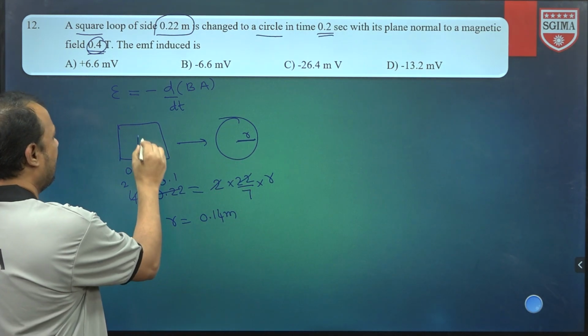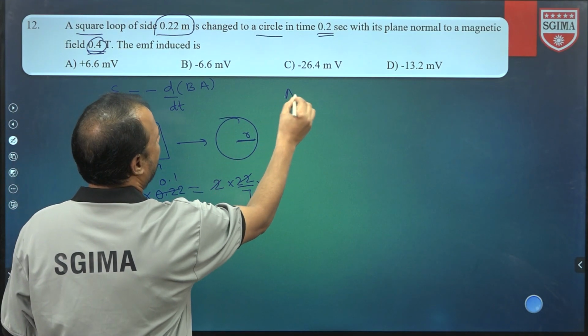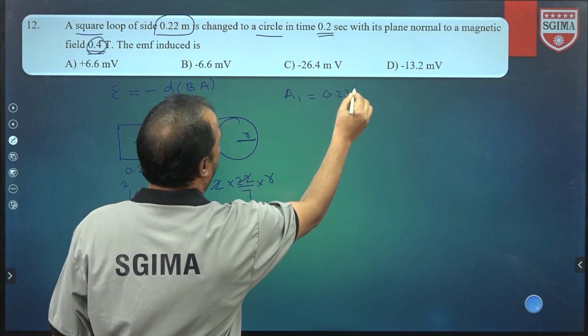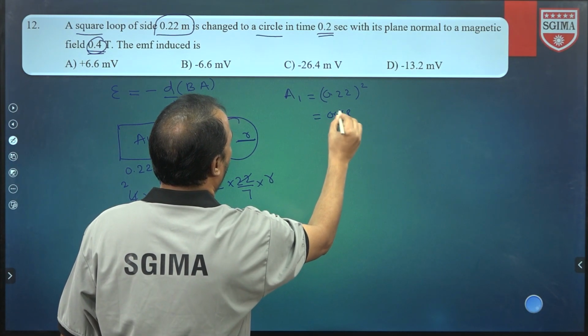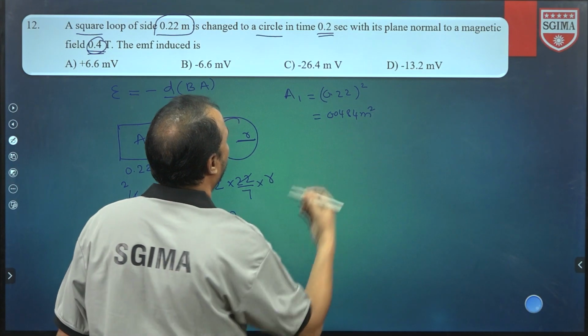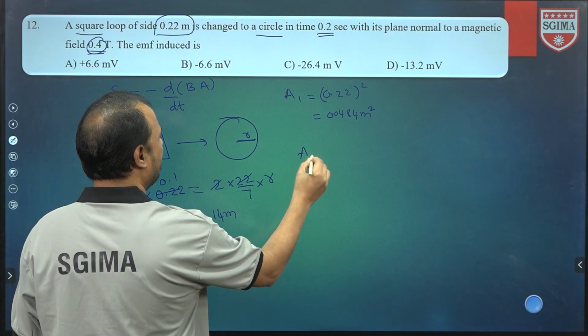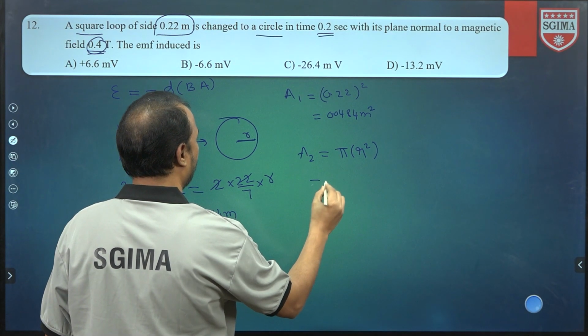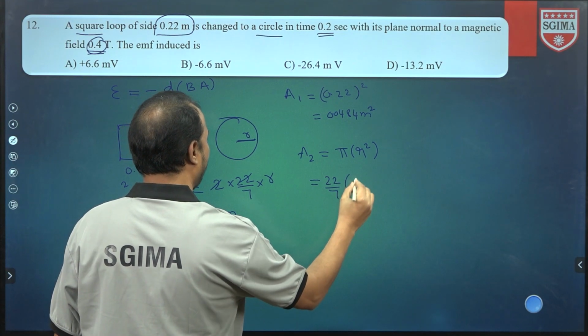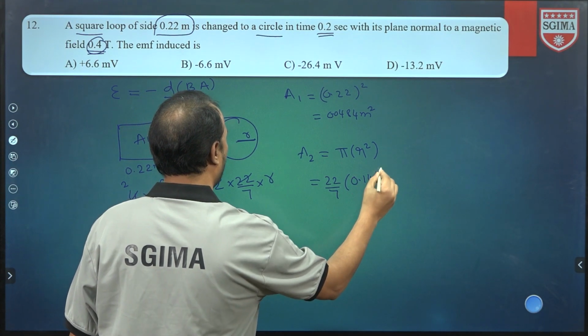Now what is the area? Side squared, 0.22 squared, which is 0.0484 meter square. And the area of the given circle is pi r square, 22 by 7 times 0.14 square.